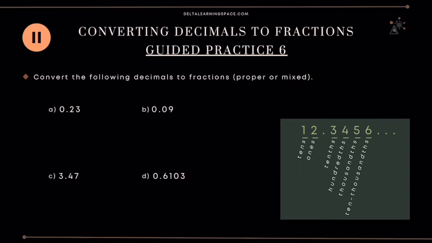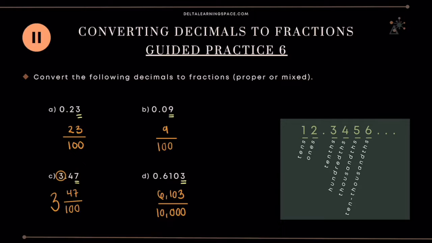Now take a moment, pause the video if you need to, and convert the following decimals to fractions, writing them as either proper fractions or mixed numbers. Amazing, let's take a look at our answers.